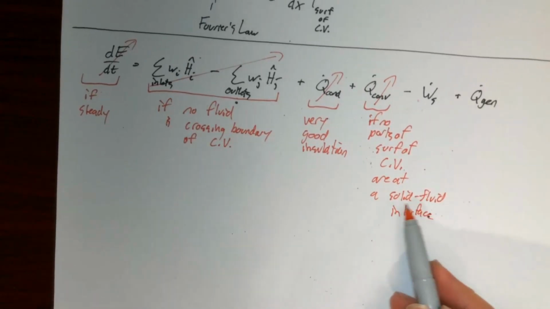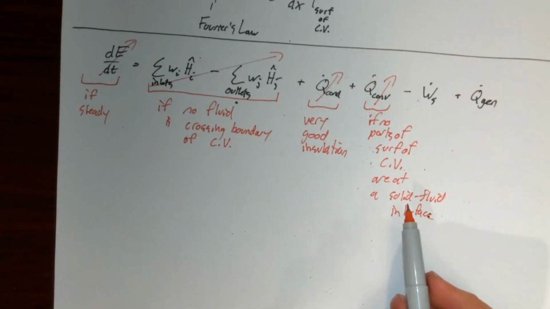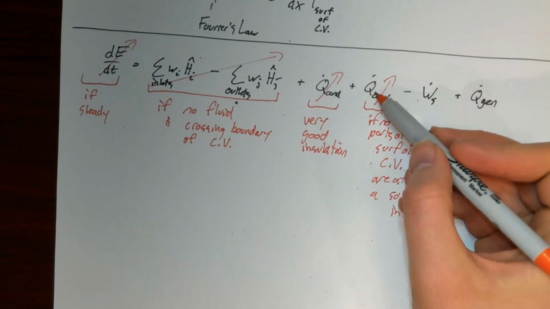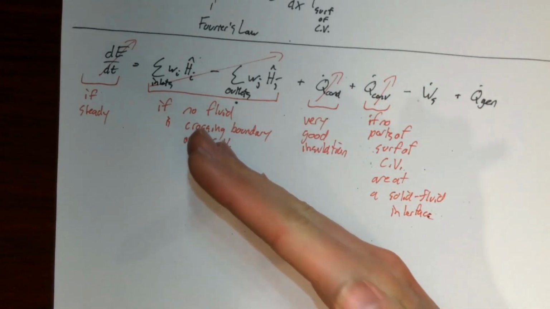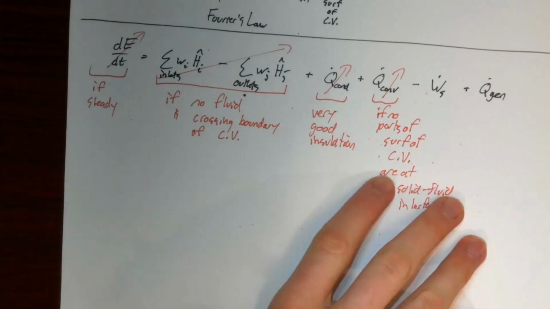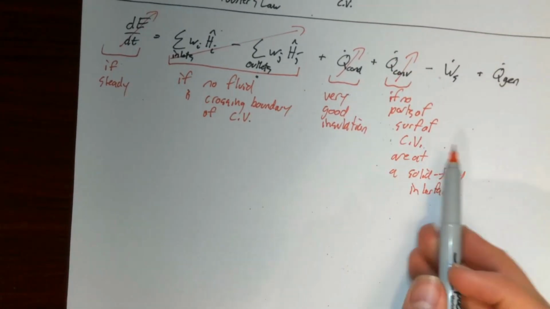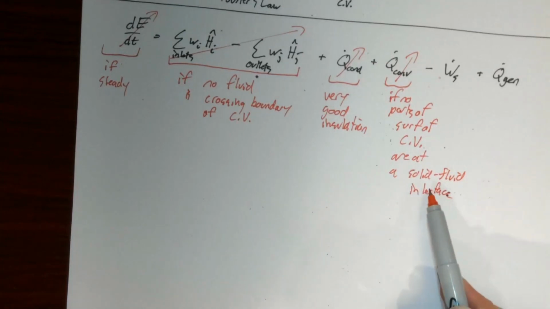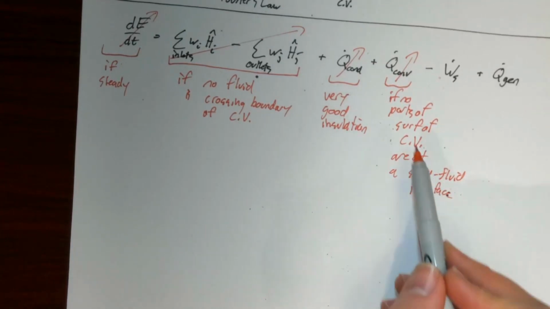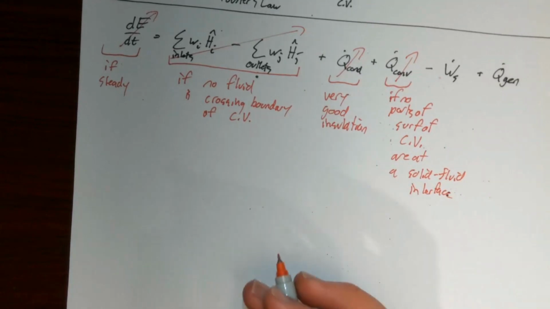Right, so sometimes we have solid fluid interfaces, and surface convection is this phenomenon by which heat flows just out of the solid and just barely into the fluid, and that's this phenomenon right here that we're talking about. So if we have a control surface that doesn't have any of these solid fluid interfaces, then we don't have this phenomenon going on here.